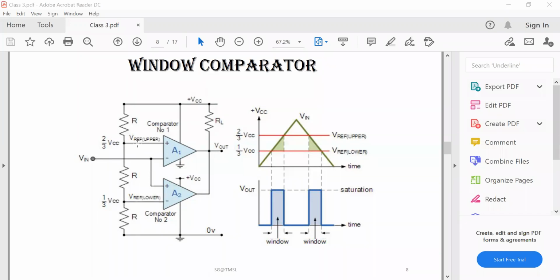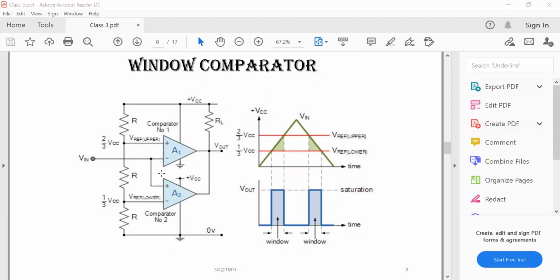One triggers an op-amp comparator on detection of some upper voltage threshold, called the V reference upper, and one triggers an op-amp comparator on detection of a lower voltage threshold level, called the V reference lower. The voltage levels between these upper and lower reference voltages is called the window. That's why it is named a window comparator or window detector.